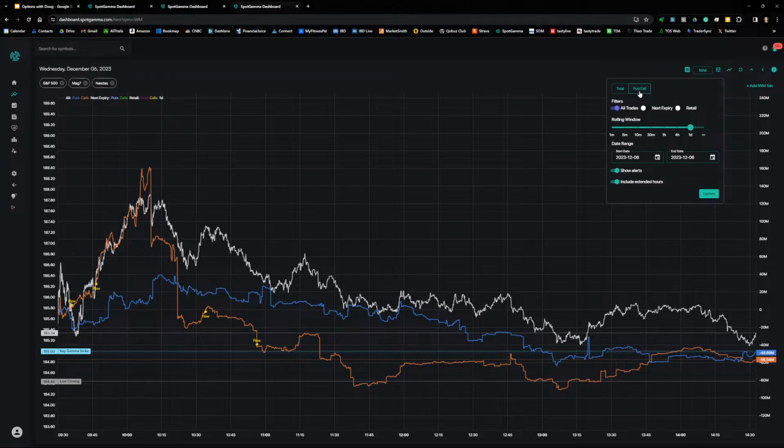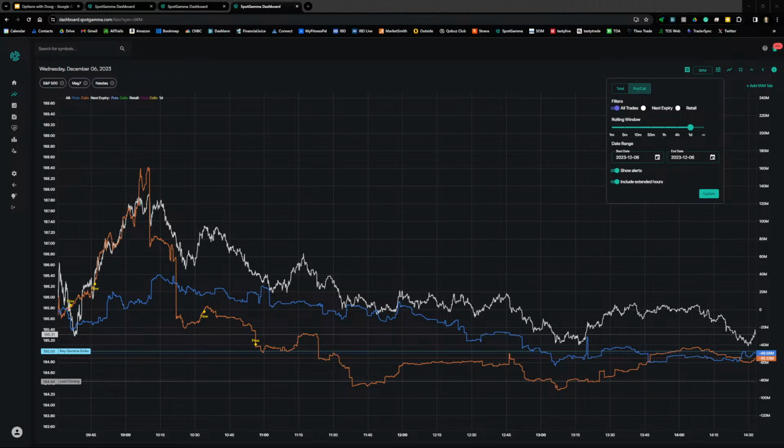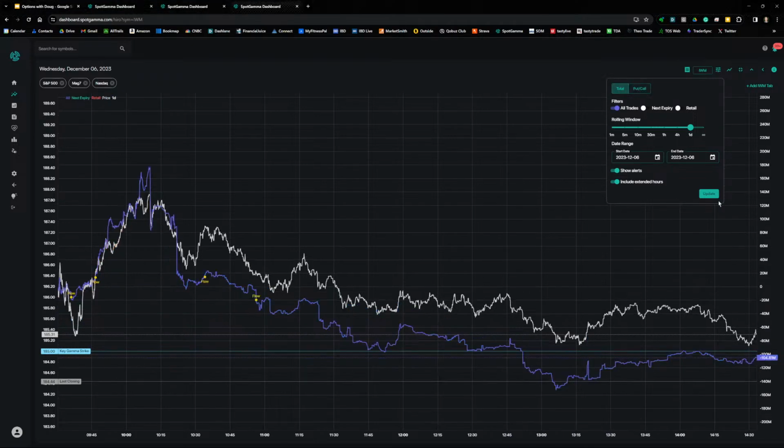Net for the day, they're selling calls and buying puts. Notional value for the blue line and the orange line, both negative. And interesting, this sharp drop here, these vertical lines indicating large block orders, typically institutional orders. Large tranches of calls being sold.